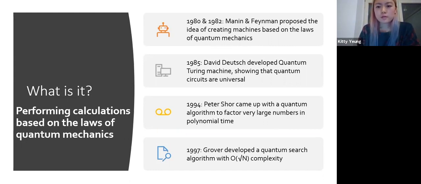First came the quantum Turing machine proposed by David Deutsch, then Peter Shor came up with an algorithm for factoring, and Grover then produced an algorithm for quantum search. There were more, and most of the later algorithms relate to these existing ones. Those algorithms could be limited themselves, but they show that they could solve certain problems more efficiently than classical computers and classical algorithms.